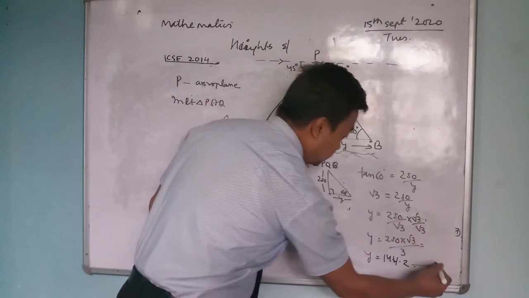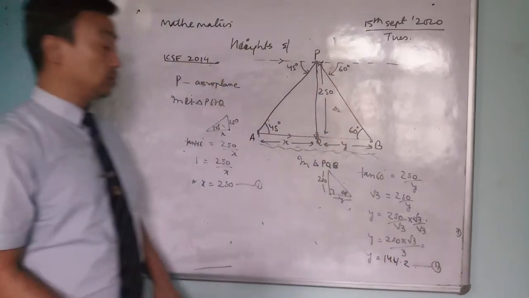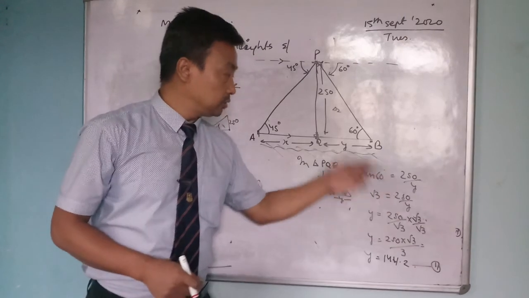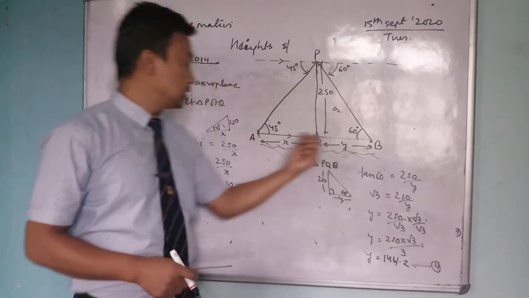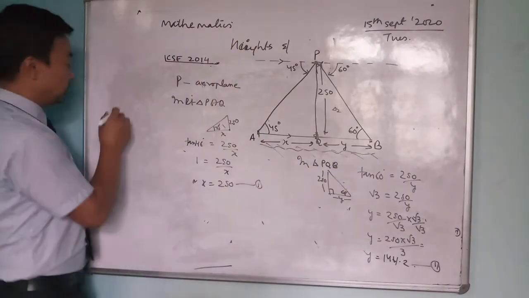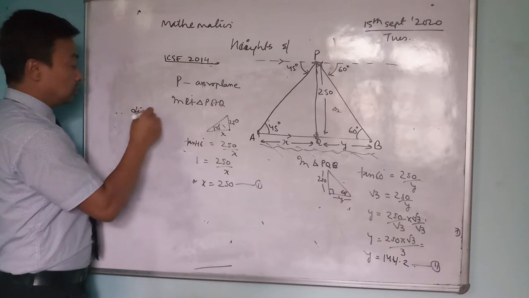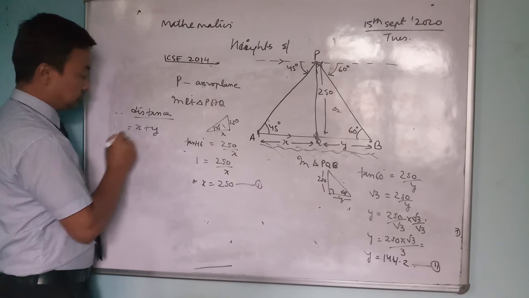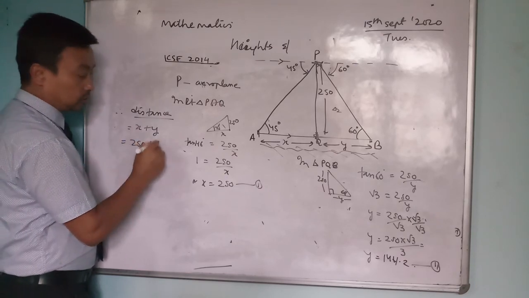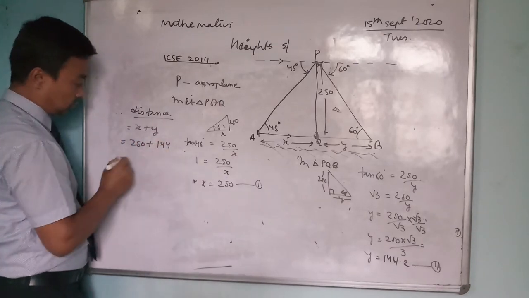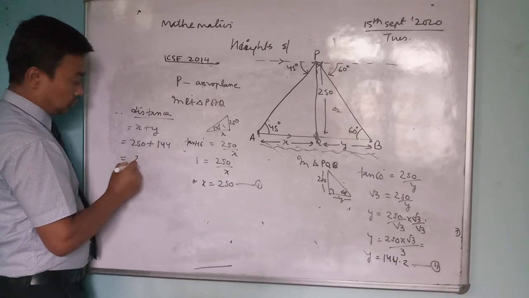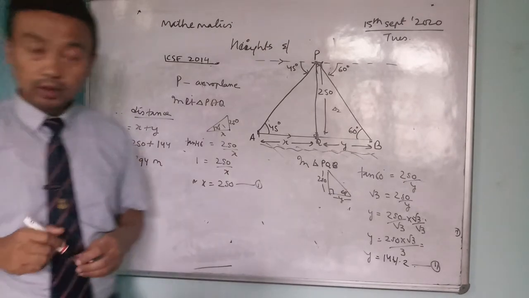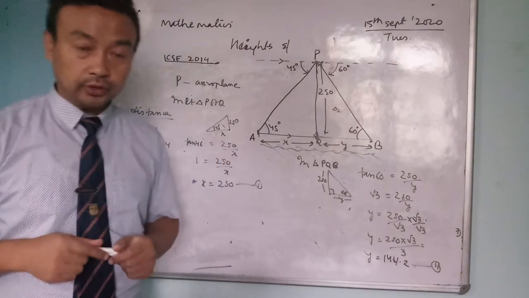I am not doing it fully, I am just trying to find out roughly. You have to do it yourself. So the distance between this is 144 and the distance from here to here is 250. Therefore, the distance between the two ships is x plus y, 250 plus 144. So let us take 144. It will be 394 meter. So this is how you are going to solve it.